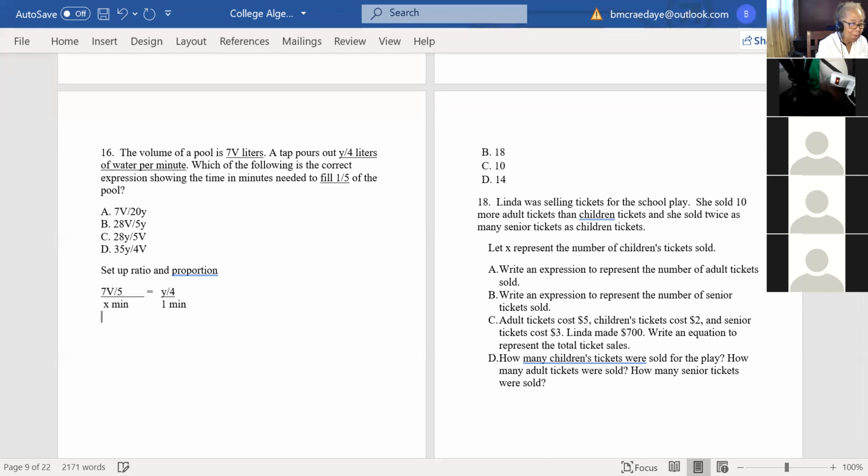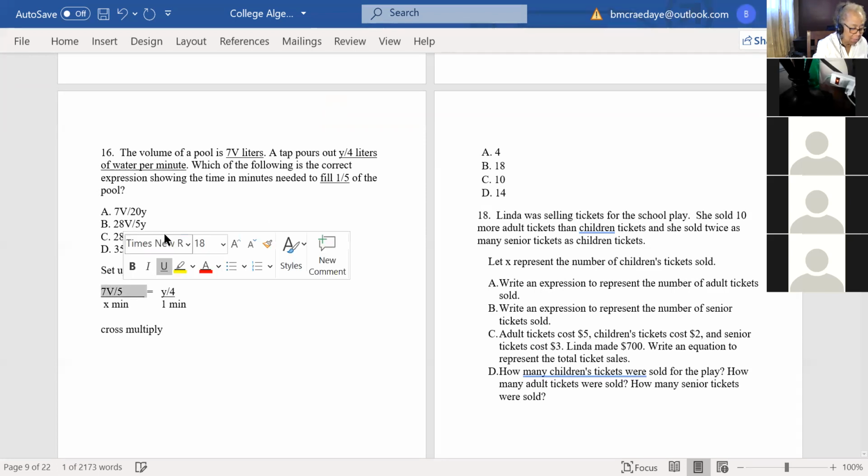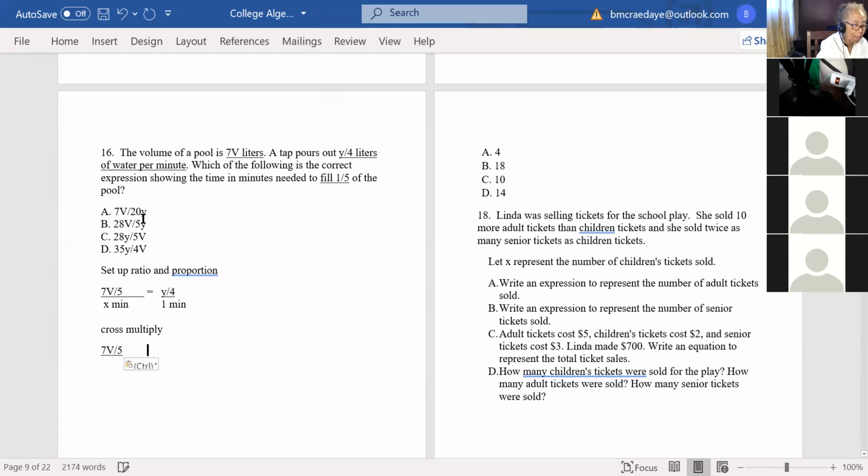Okay, so cross multiply and tell me what you get. 7V over 5 times 1 is just 7V over 5, right? Because times 1.